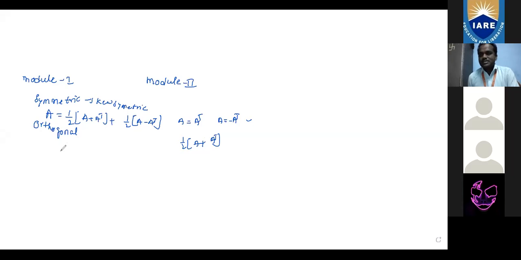A square matrix is said to be orthogonal if A into A transpose, or A transpose into A, is equal to I, the unit matrix. That is called the orthogonality of the matrix.